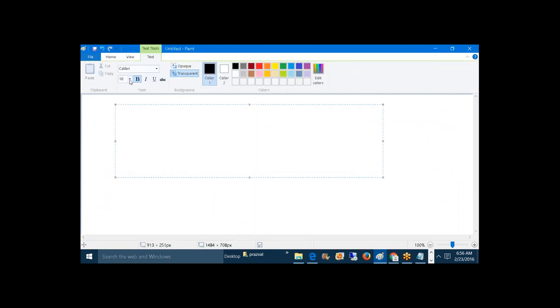In the box and whisker plot, the whisker is nothing but the line.